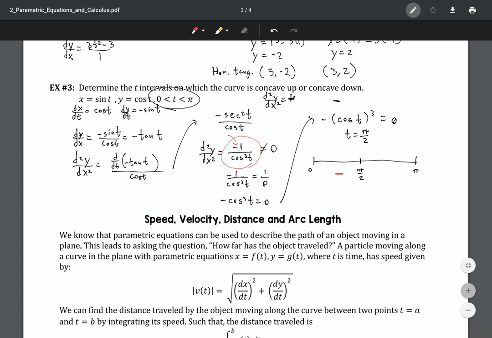Right? And between pi over 2 and pi, which would be the second quadrant, the cosine is always negative, but with a negative 1 on top, that's going to make this a positive. Okay, so there's my sign analysis for that. So after doing all of that, again, a lot of trig knowledge there, some algebra for sure, it is concave down. Let me zoom in here.